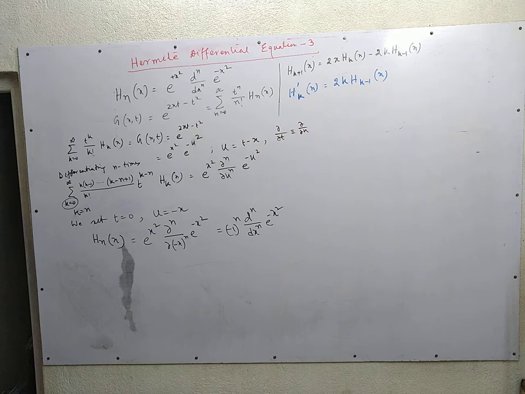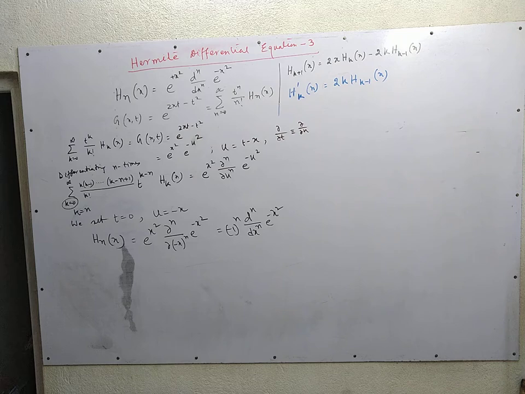Now with this we go to the orthogonality property of the Hermite differential equation. In the case of Legendre polynomials, we have seen that they form an orthonormal basis in the range minus 1 to plus 1.